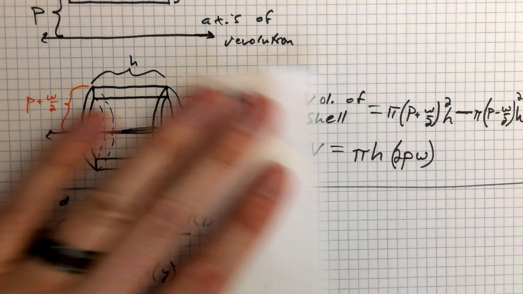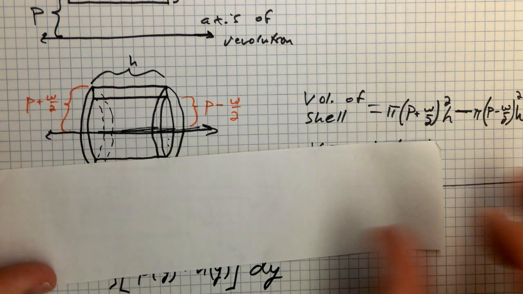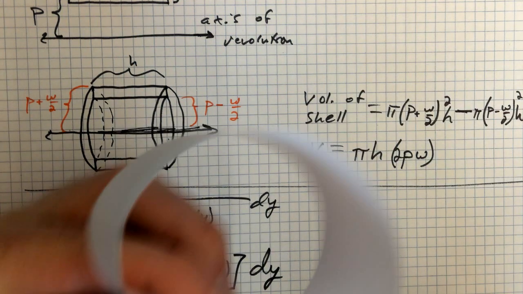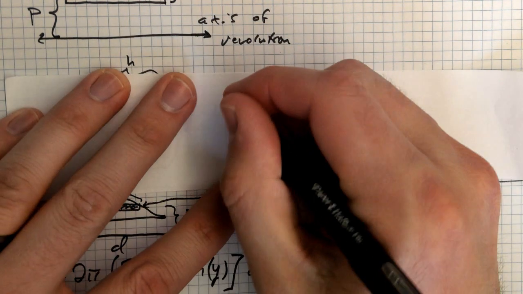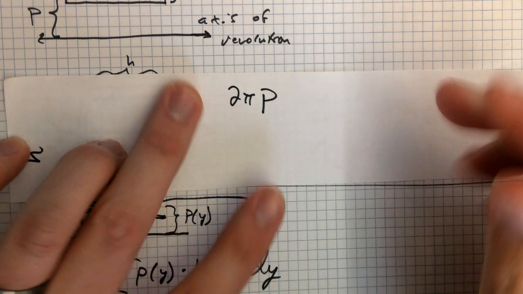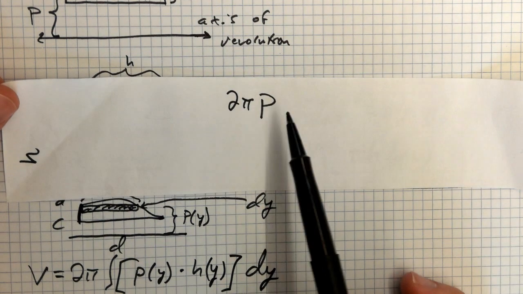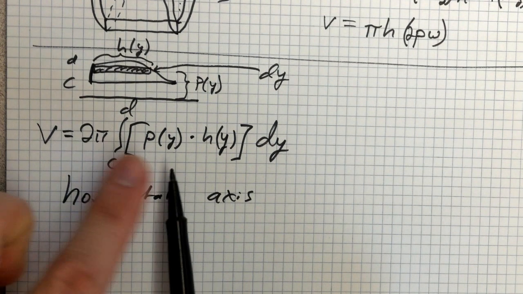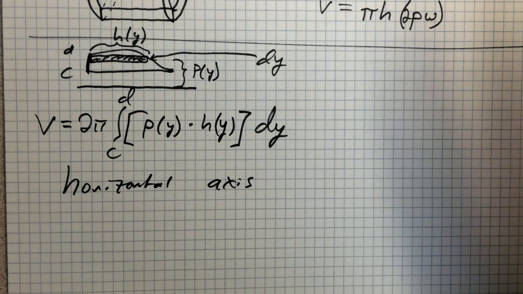And then this length here would be the circumference of the circle. If we were to fold it up and then extend it, that would be the circumference, which is 2 pi r, but for some reason the book uses p for this distance, so it would be 2 pi times p. So the area of this would be 2 pi p times h times the thickness. If you look at our formula, we have 2 pi p times h, but the thickness is here, dy, which gets infinitely thin.